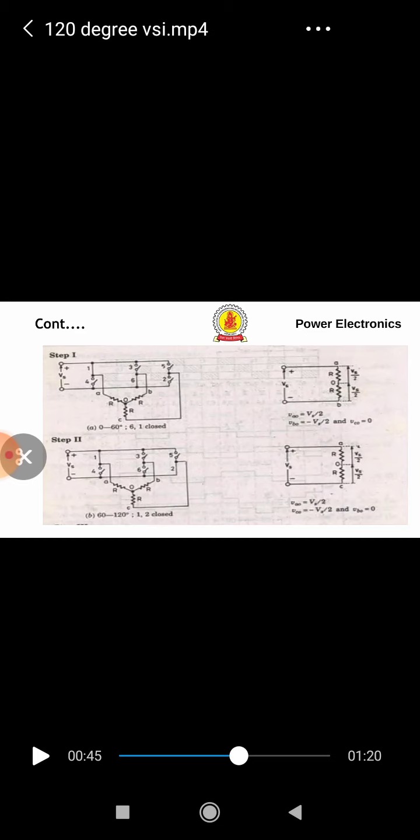We have seen that thyristors T1 and T6 conduct in the first 0 to 60 degree cycle, and how to get the line voltage and phase voltage. VAO, VBO and VCO are obtained the same way for step 2, and the same for steps 1 to 6.